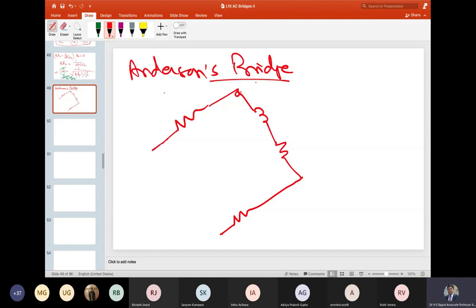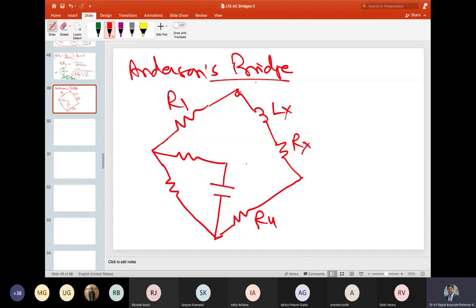So you see here we have R1, and say suppose this is unknown, so rather than R2, now we have written LX, RX, right? Then this one is R4. On this side, there is one arm, there is another arm, there is another arm, right?